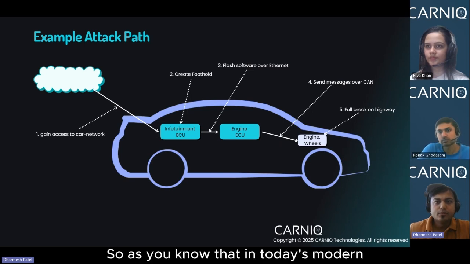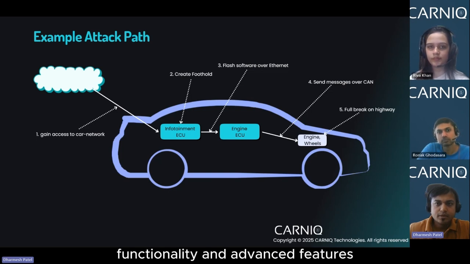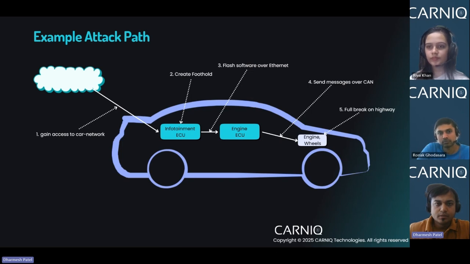So as you know, in today's modern car, we have a lot more functionality and advanced features involved. More than 70 to 100 ECUs are involved in the architecture of the vehicle. That's where all the functionalities are fulfilled.